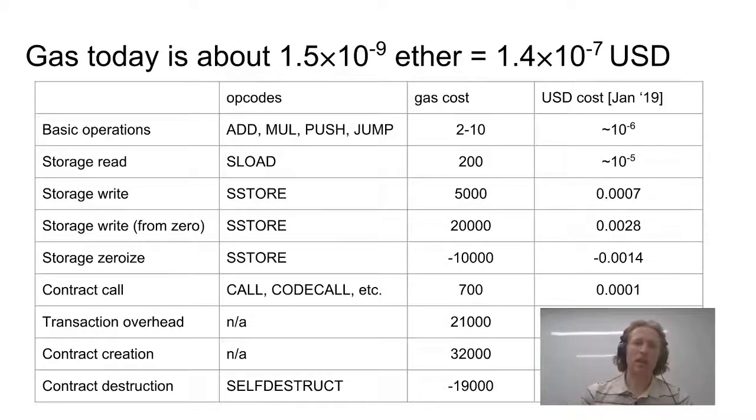So how much does gas actually cost in real terms? It costs about 1.5 gigawei, which is about 1/1000th of an ether per unit of gas. If you multiply that out at today's market prices for Ethereum, you can see that an individual unit of gas is very, very small. It's like a millionth of a dollar. But for some of the more expensive operations, like creating a contract, it's already on the order of pennies.